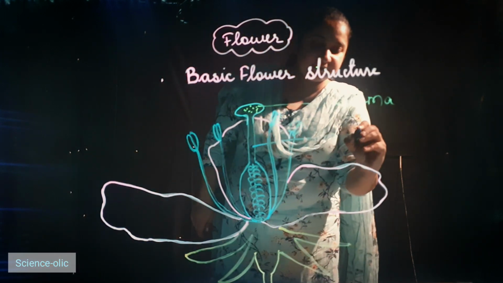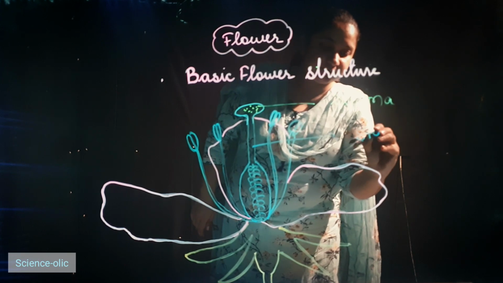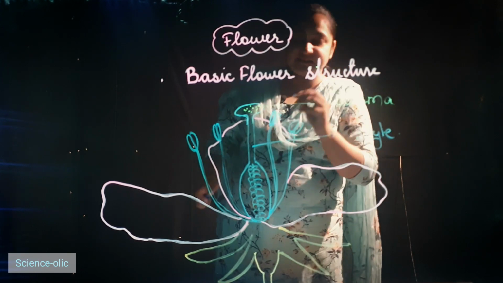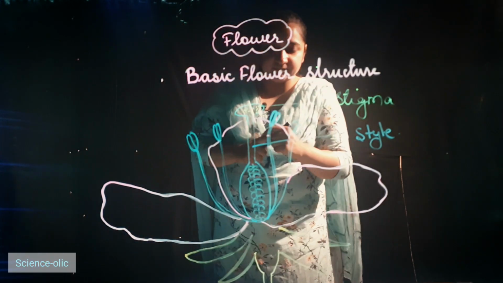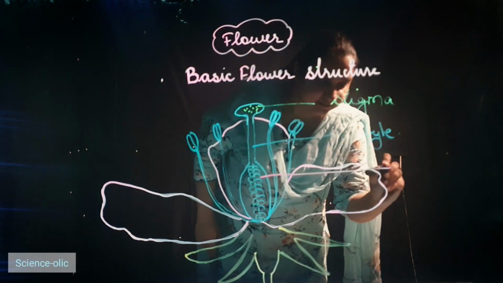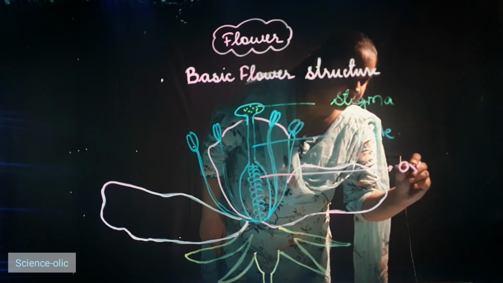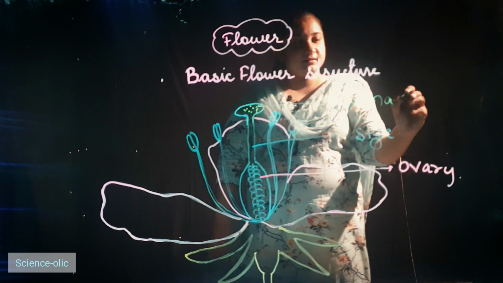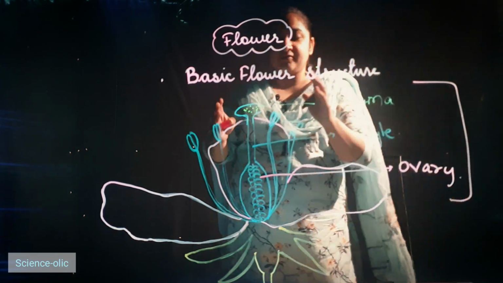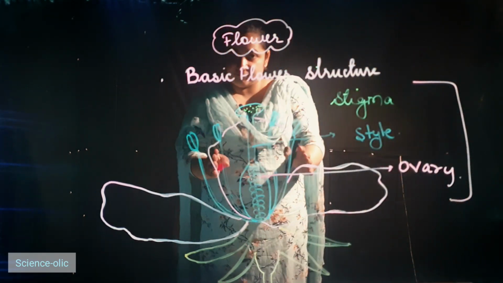This is style. You draw it along with me. This is ovary. These three parts are the female structure in a flower.